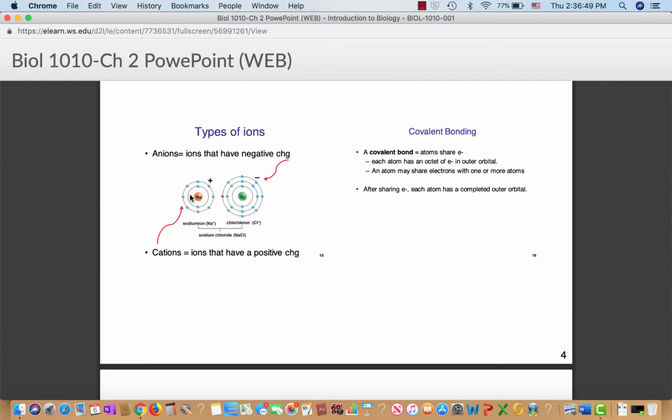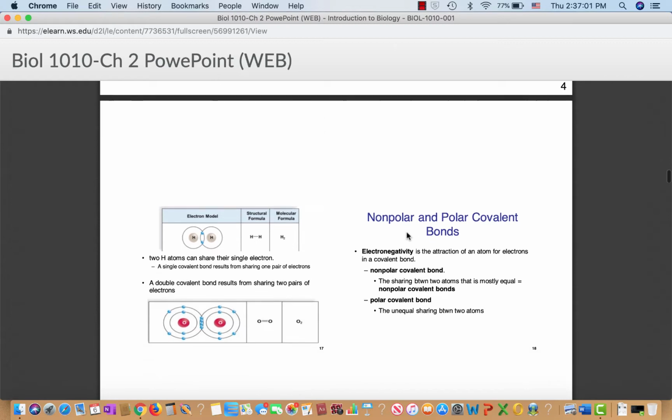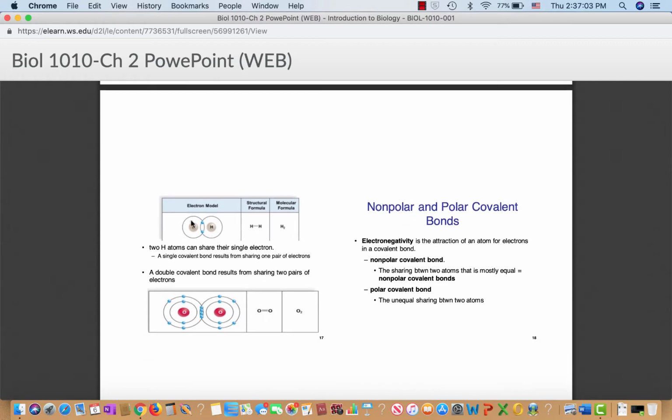Covalent bonding, when you have two things that are roughly equal in electronegativity, they will share the electron between them. And so as they're sharing, like hydrogen here, they both want two, and so this one brings one to the party, this one brings one, and they kind of bounce between the two, which is why when you find hydrogen, you never find monoatomic hydrogen.